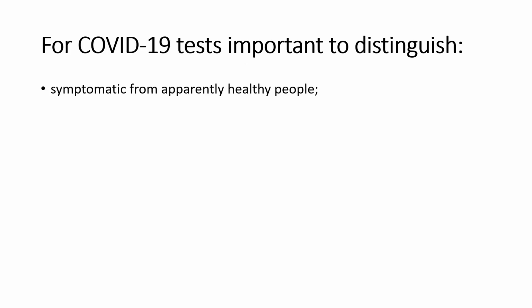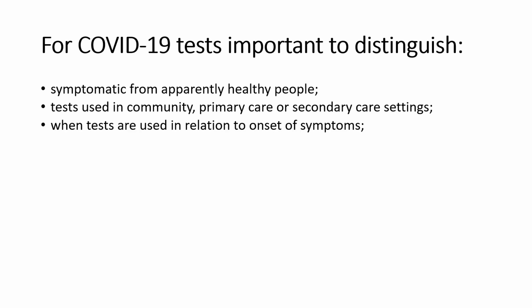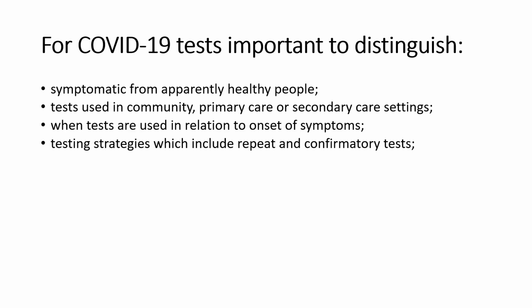We've seen it's very clear to distinguish tests when we're doing them in symptomatic people from apparently healthy people, whether they're being used in different healthcare settings or in the community, how they relate to the timing of onset of symptoms, and the strategies which are being looked at. Is this a single test or is it being repeated and confirmed? Whether we're using venous blood samples or finger prick samples, for example, or whether we're taking swabs from different locations.